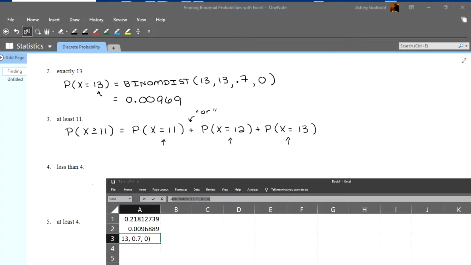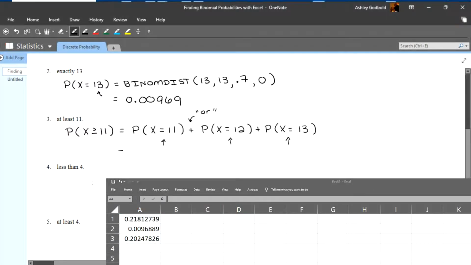So Control C, and then plus, paste, and I just need to change this to an 11 and that to a 12. Okay. The probability that at least 11 students say they drink alcohol is 0.202.